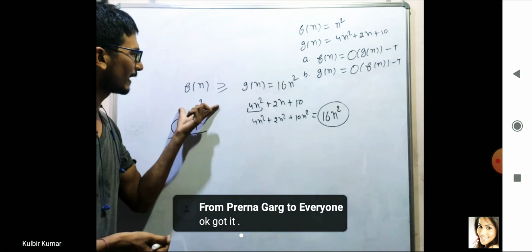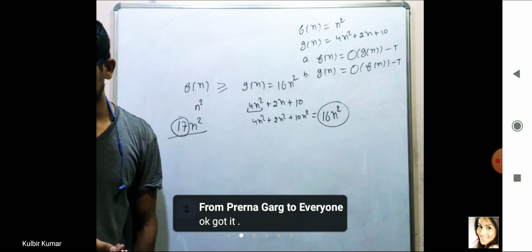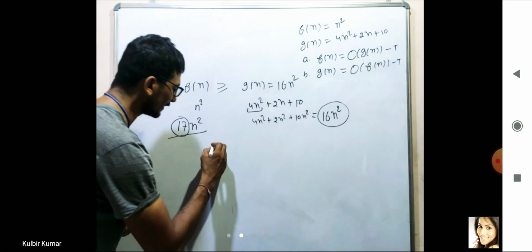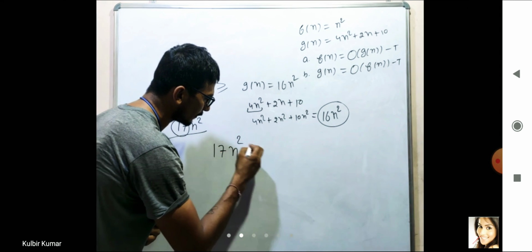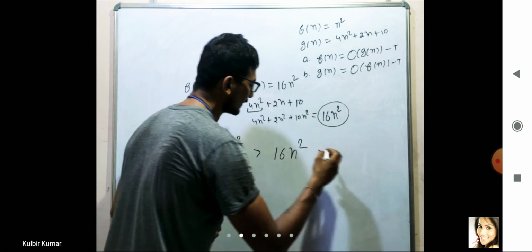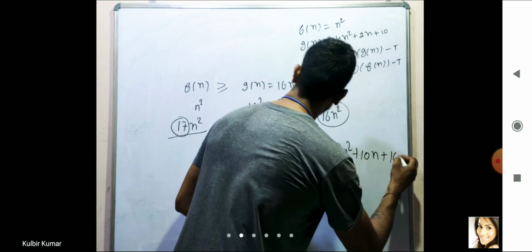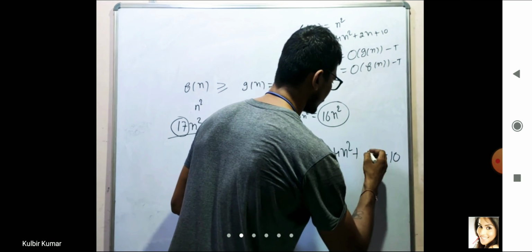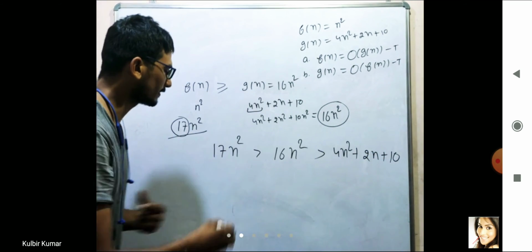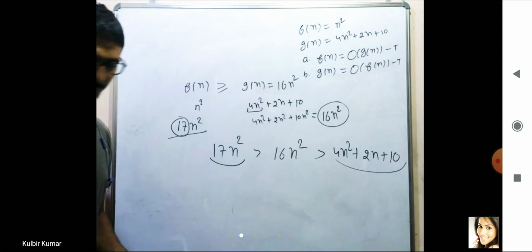So I can say that f of n is greater than or equal to g of n, right? So you can think like this one, 17n square जो है that is greater than 16n square, और 16n square क्या? That is greater than 4n square plus 2n plus 10. So obviously 17n square जो है that is greater than this thing.